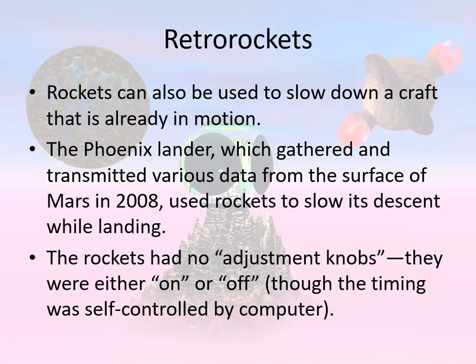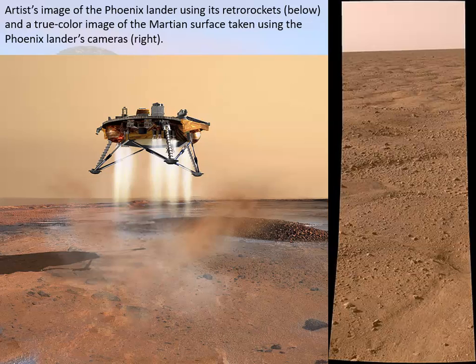Same idea is used in retro rockets. For example, the Phoenix lander, which landed on Mars in 2008, used a series of retro rockets to allow itself to land on the surface of Mars. It first used a parachute to slow its velocity once it was released from the spacecraft that carried it.